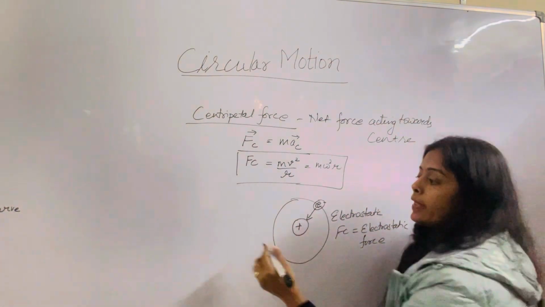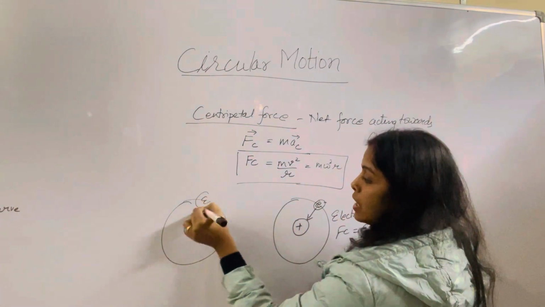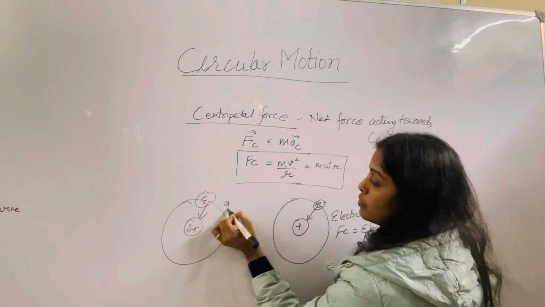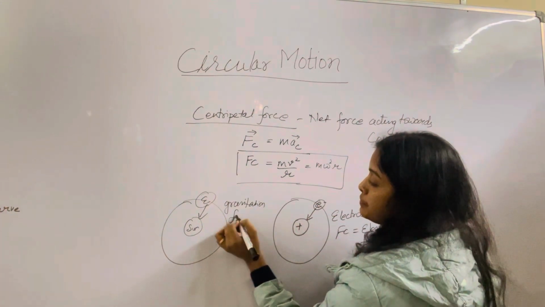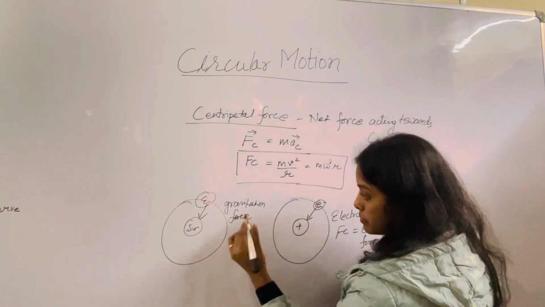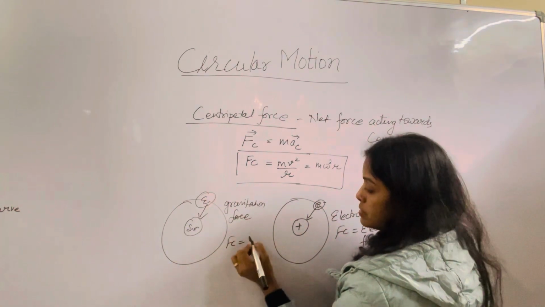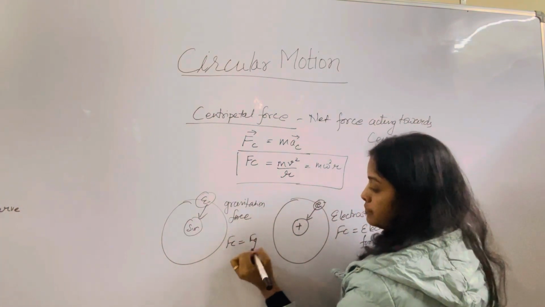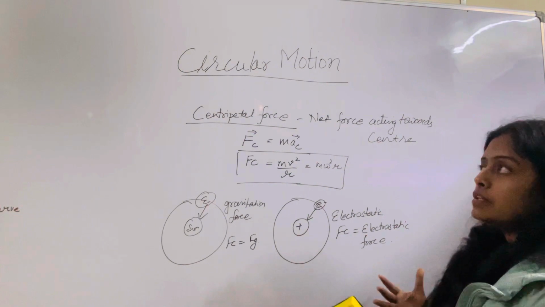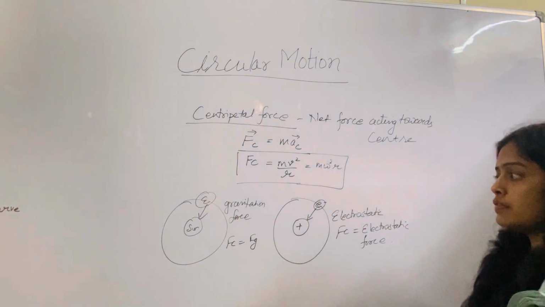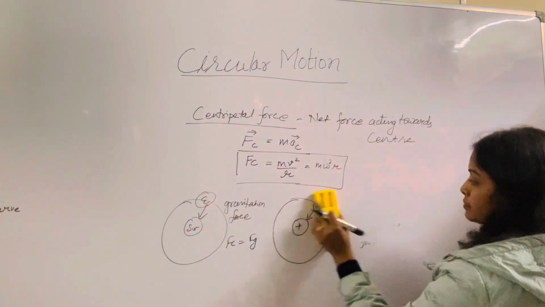When the earth revolves around the sun, there is a gravitational force acting between the sun and the earth. Here the centripetal force is equal to the gravitational force. So centripetal force is not a special new kind of force; it's a net force acting toward the center.